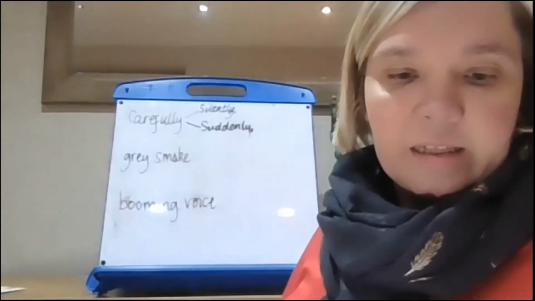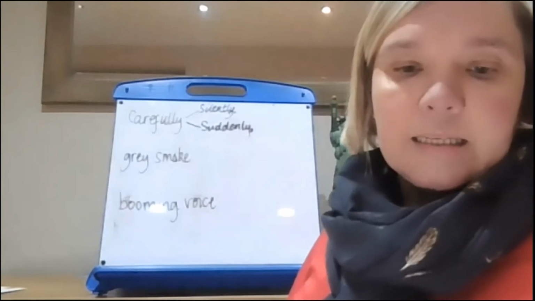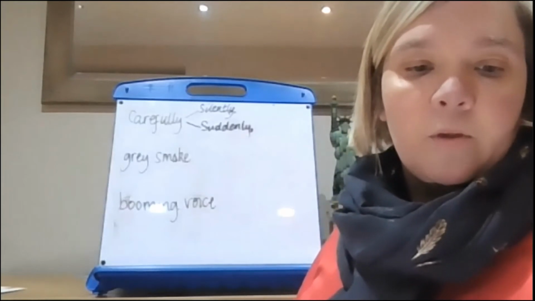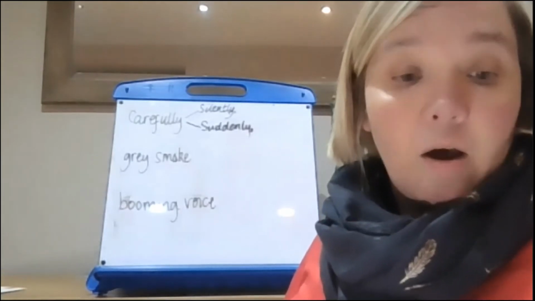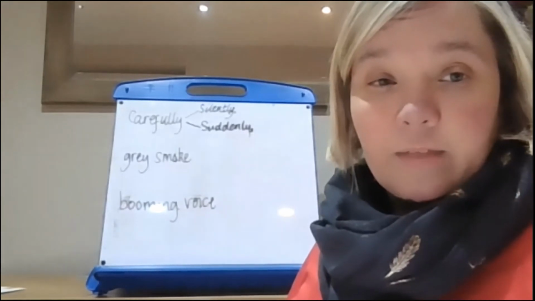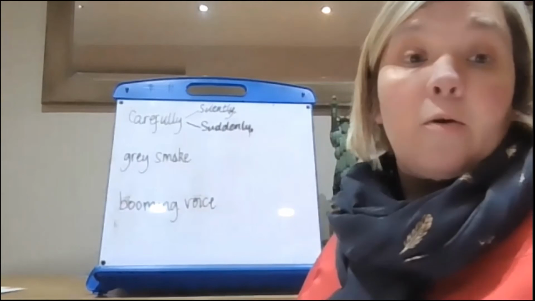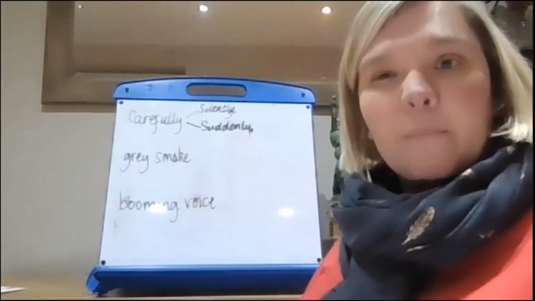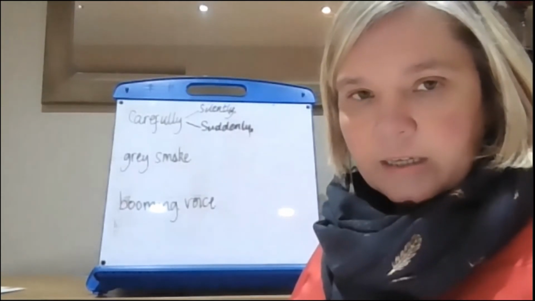Let's have a look a bit further down. One of the sentences says, the ground was covered in rubble while the sky was filled with grey smoke. So we've got an adjective there, haven't we, of what the smoke is like. The smoke is grey. But can we make that a double adjective?